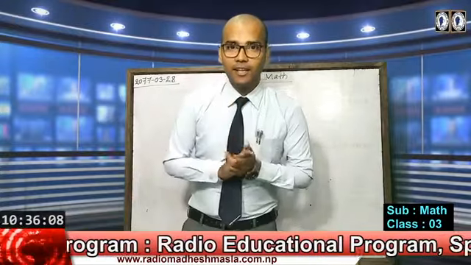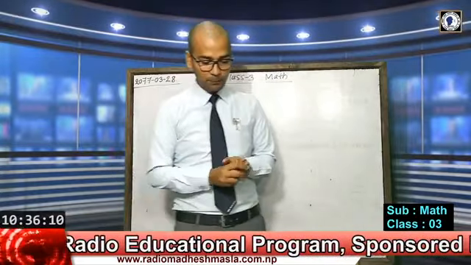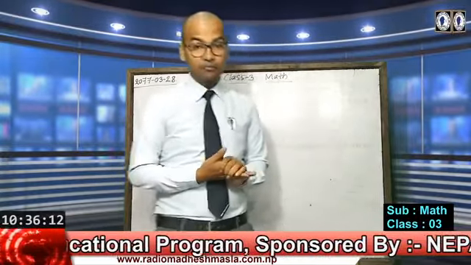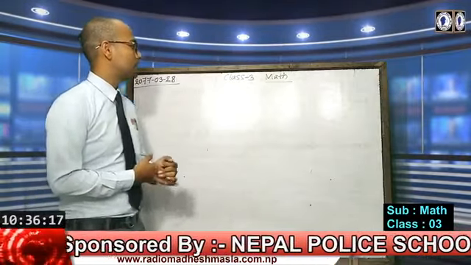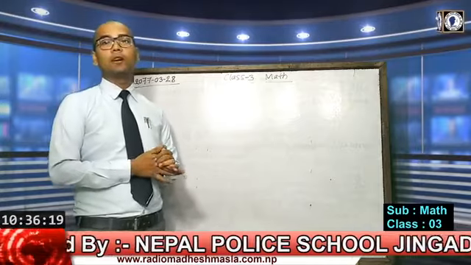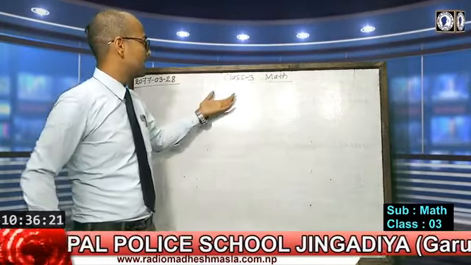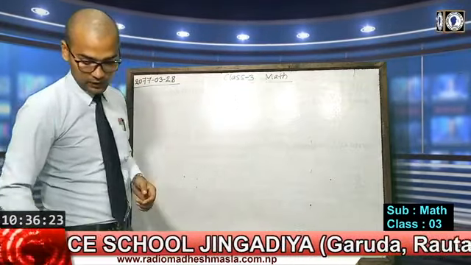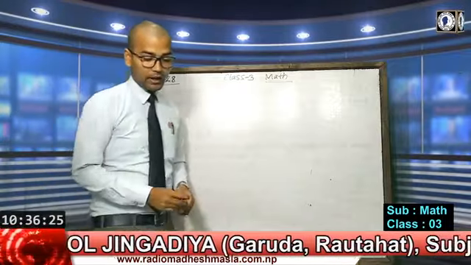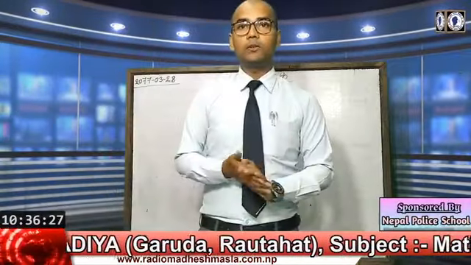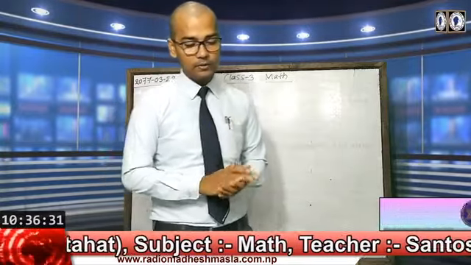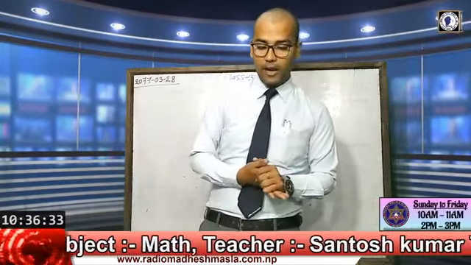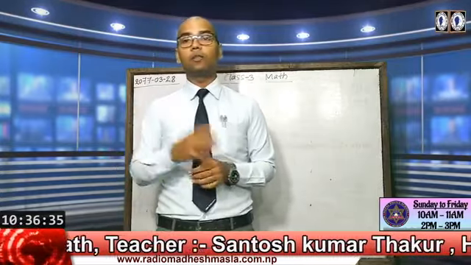Okay, namaste again and welcome to you. This is the second set of our today's radio educational program, class 3 here. Now I'm going to teach class 3 maths. As you know, the students of class 3, we have learned many more things about different types of sizes of angles, or how we compare between the angles.